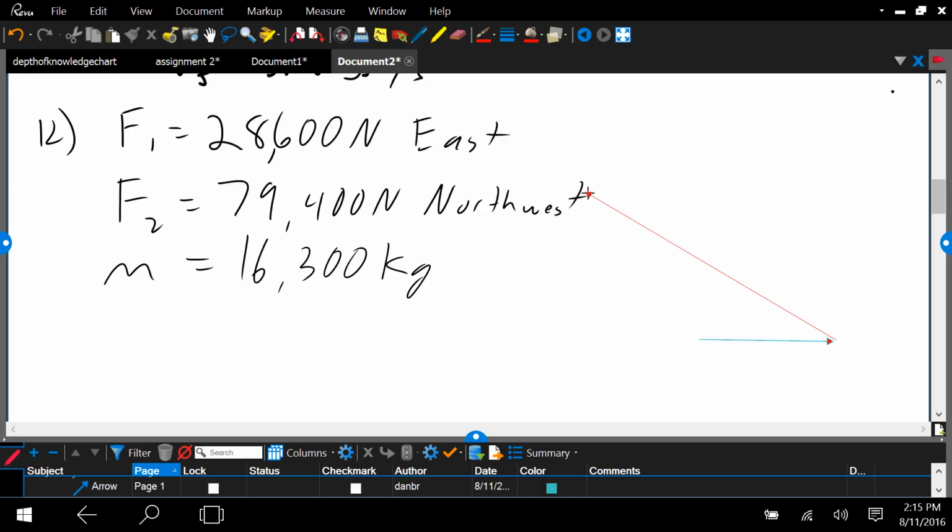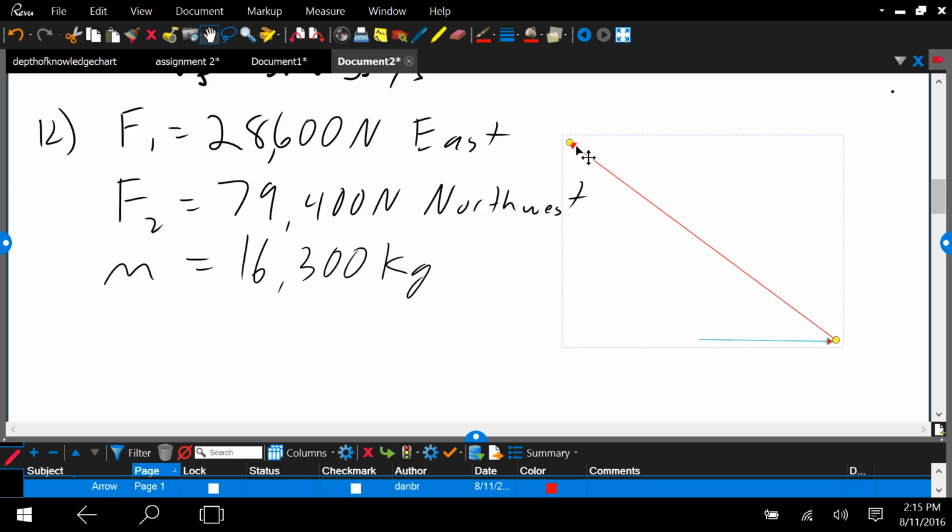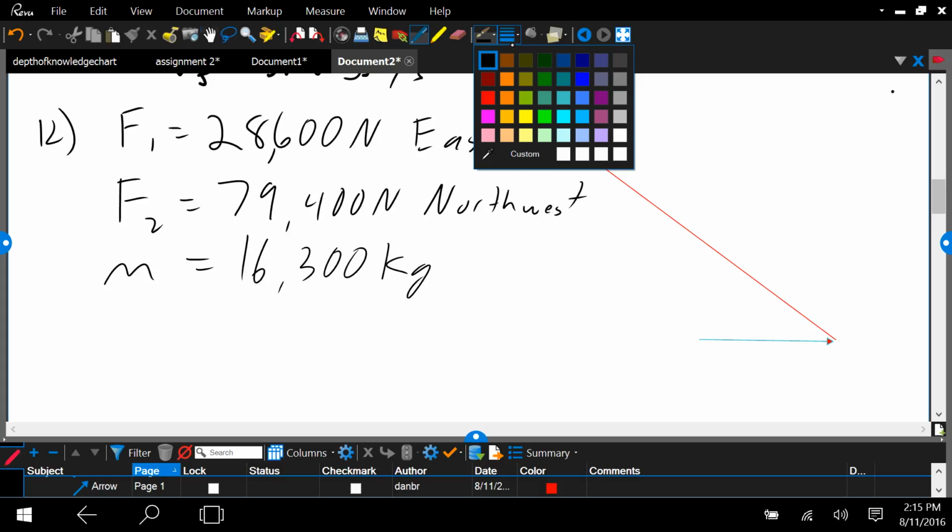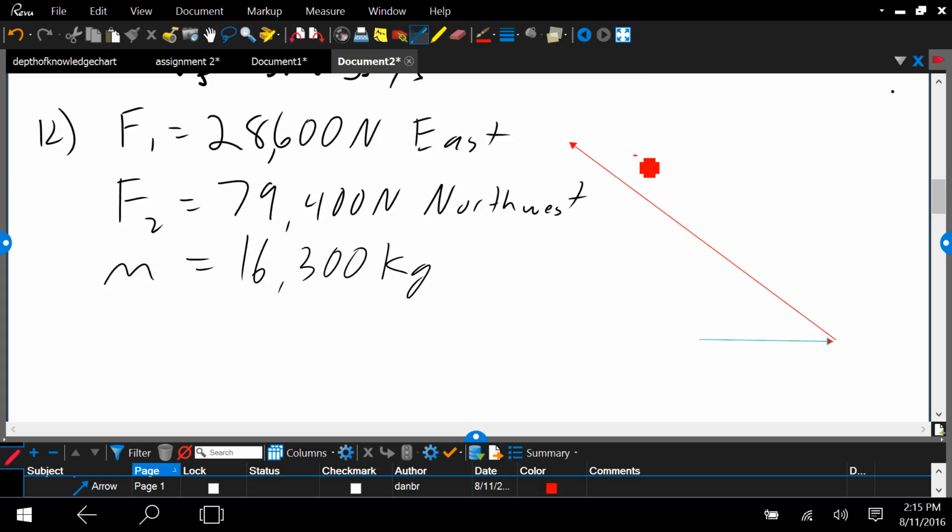I'm drawing this line much further than I drew the first one, and the reason is because of the numbers associated with these. One gets a number of 79,400 newtons, and the other one gets a number of 28,600 newtons. The directions I made east, and the other one approximately 45 degrees northwest.